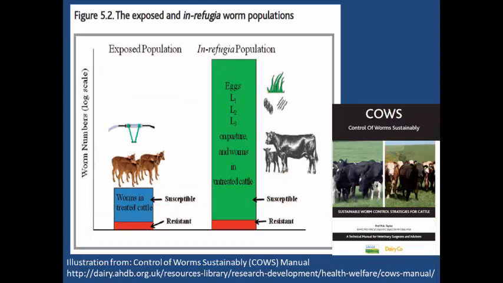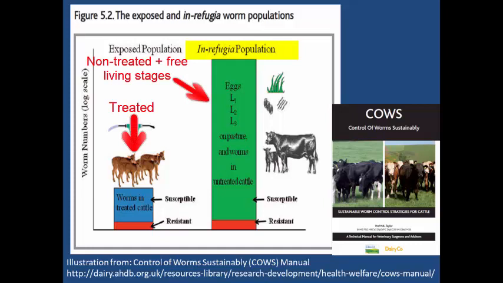Now, to wrap up this idea and visualize what happens in any one farm, the scientific community now recognizes the importance of maintaining what's known as the population in refugia, which basically accounts for all the parasites in a farm, including all the free-living stages that are not being exposed to an antiparasitic drug.